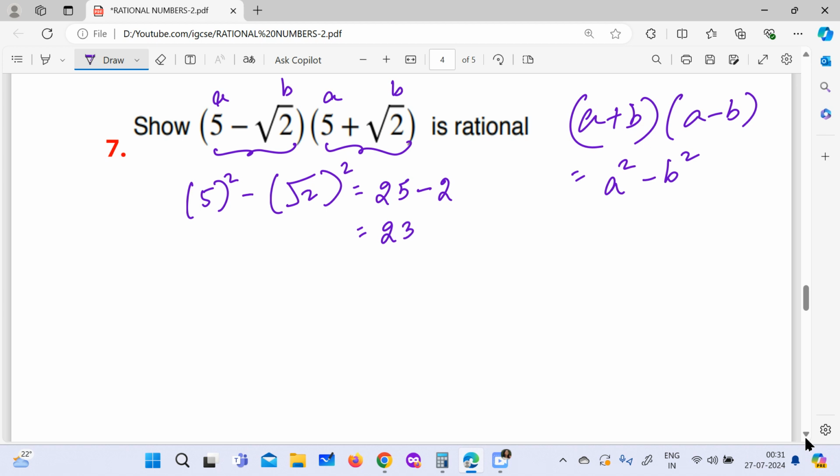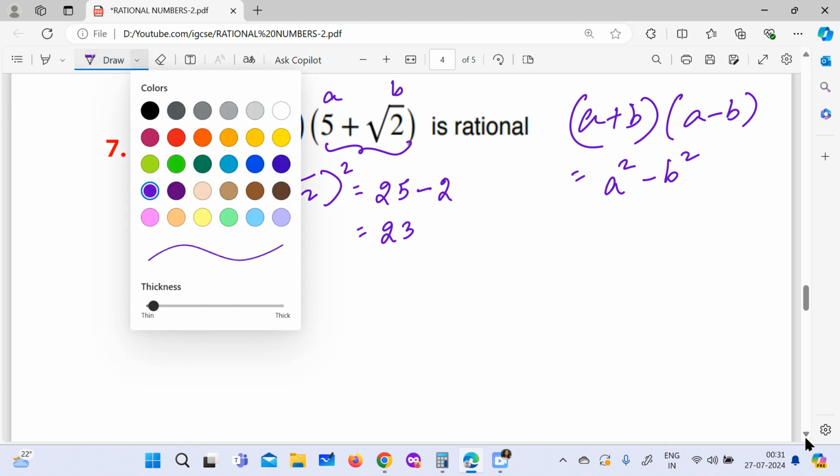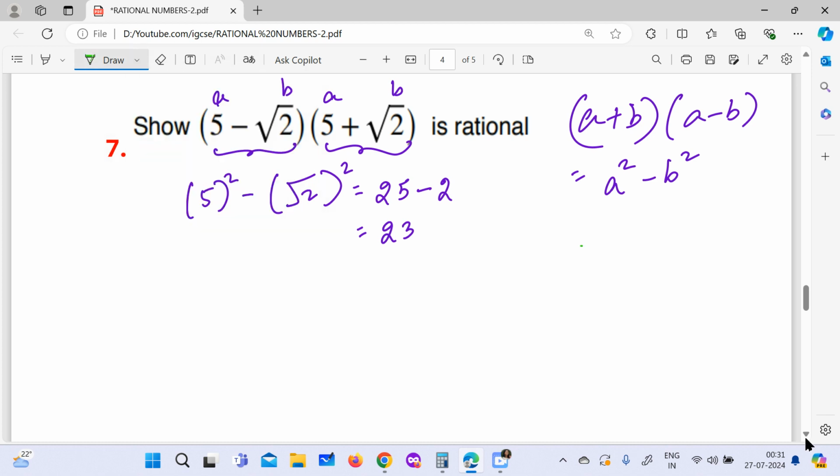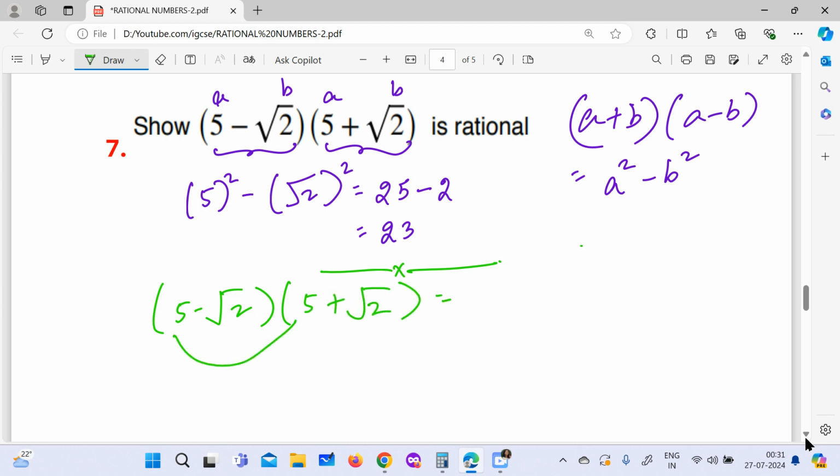By any chance, if you get confused in the exam, or you find it difficult to remember, you can also solve it this way: 5 minus root 2 times 5 plus root 2. We multiply 5 times 5, that gives you 25.